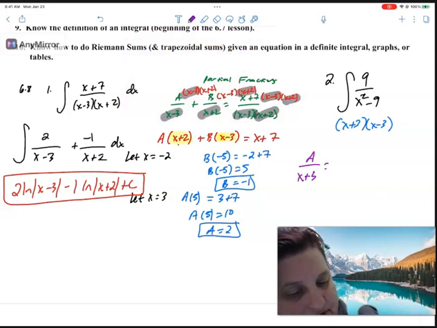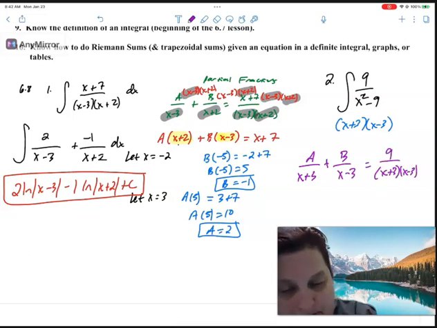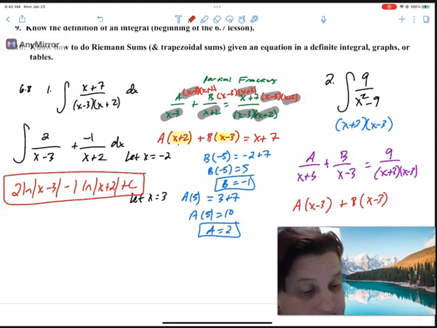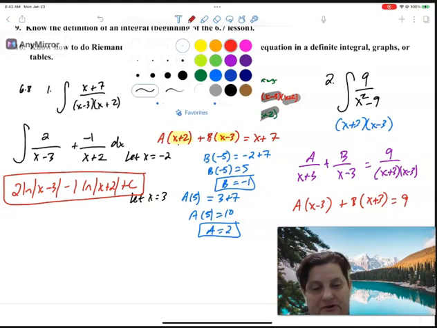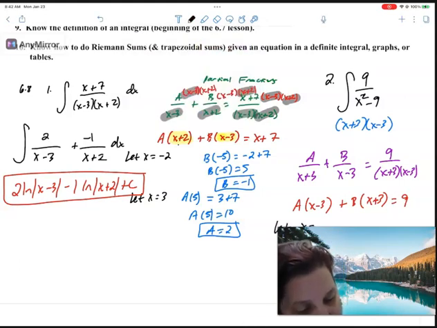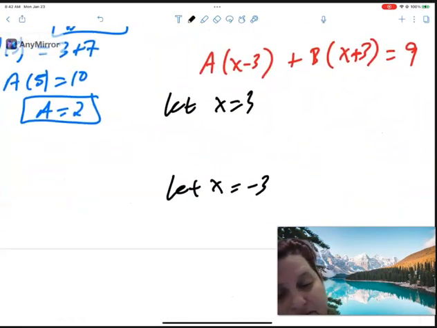A over x plus 3 plus B over x minus 3 equals 9 over x plus 3, x minus 3. And if I multiply each term by x plus 3, x minus 3, A is left with x minus 3, B is left with x plus 3 equals 9. So I've got to just do let x equal 3 for the first one, let x equal negative 3 for the second one.